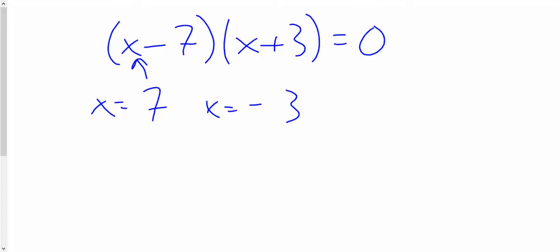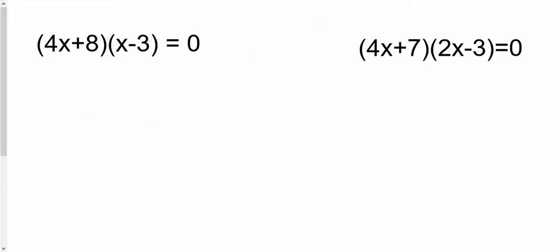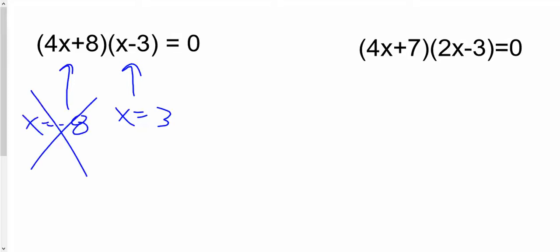Okay. Well, that works to an extent, but then you get to problems like this here, and you might take a look at the second factor and say, well, that is 3. And then you might take a look at this one here, and you're like, oh gosh, -8. Just take the opposite of 8. Well, that would be wrong. So they get a little more complicated. We actually have to do some solving here. 4x plus 8, we want to set that equal to 0.